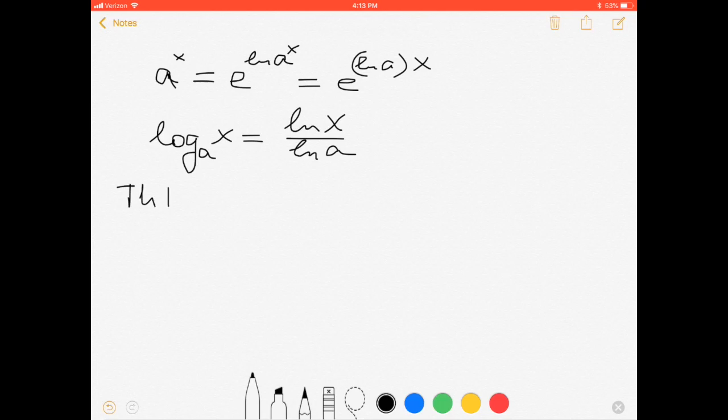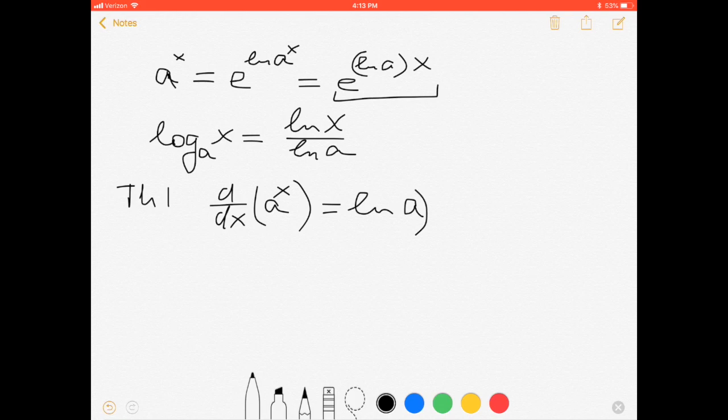Let's go to theorem 1. It tells us the derivative of the exponential function a to the exponent x. We take the derivative of this kind of function, and using this fact, we have ln a times a to the power x.